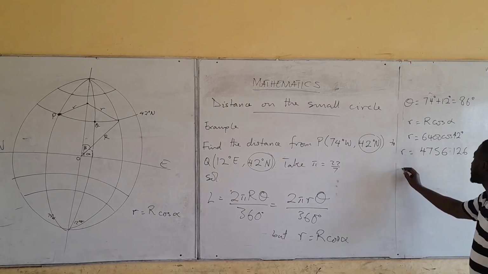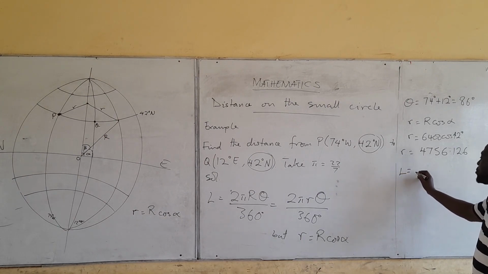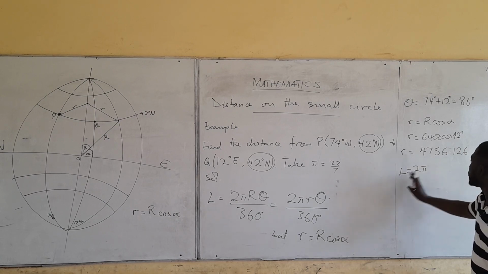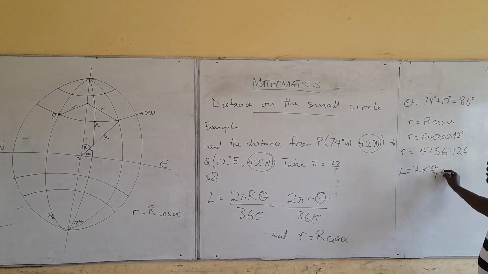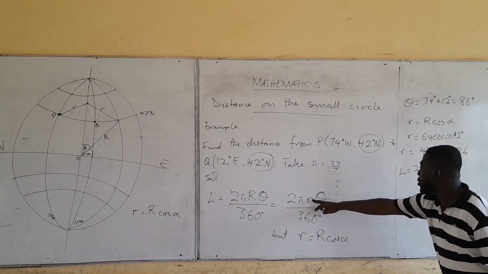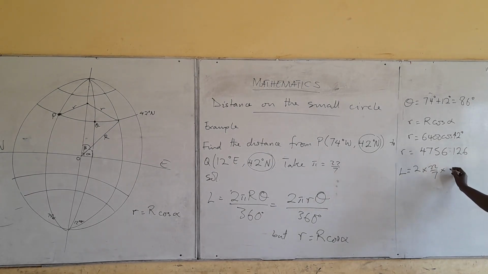So in that sense, L is equal to 2 pi, which has been given as 22/7. So 2 times 22/7 times the small r, which is 4,756.126, times the theta we have, 86, all over 360 degrees.